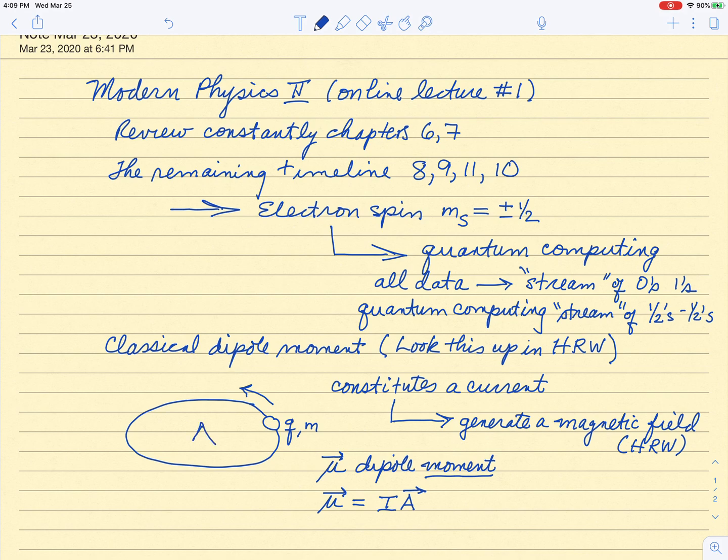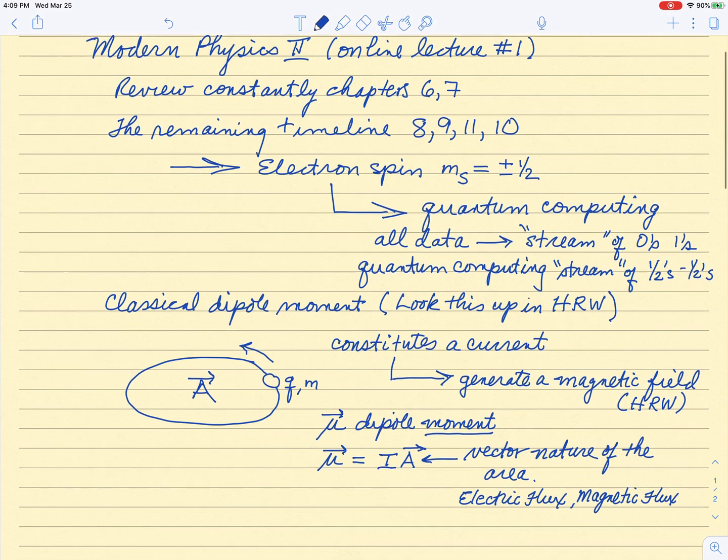So this would be the relevant area. We talked in class about the vector nature of the area, and I think that's something you need to go back and review again. And we did do that in university physics. You might need to go back and look up the electric flux, the magnetic flux.